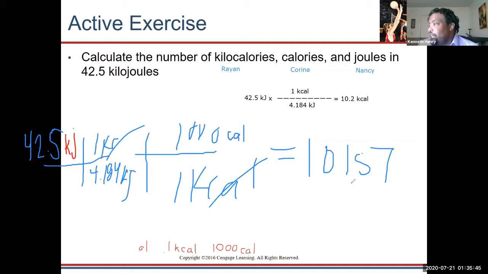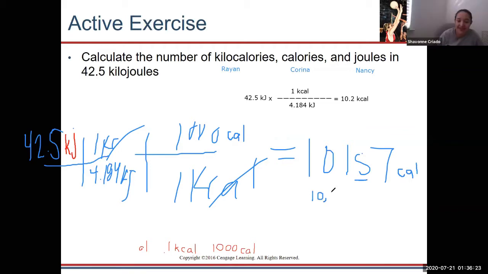Okay, if we want 3 sig figs, what is going to be our answer? This is going to be our determinant. So 102? Is it going to be 102?